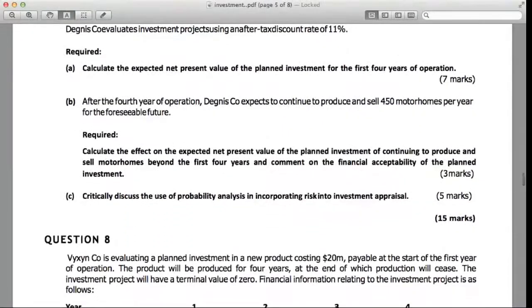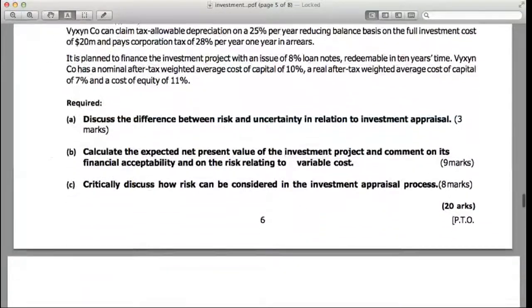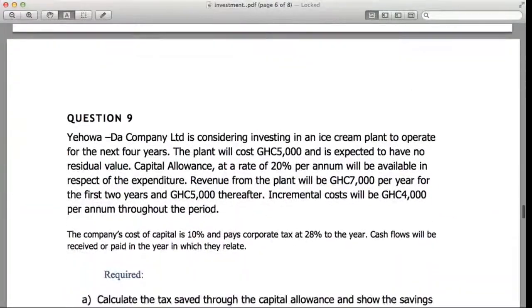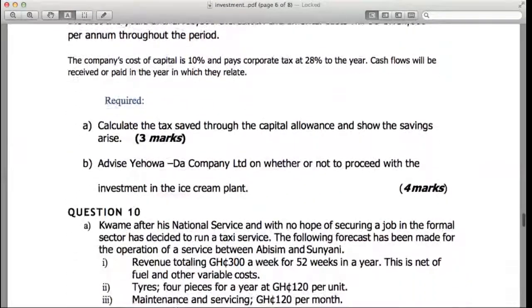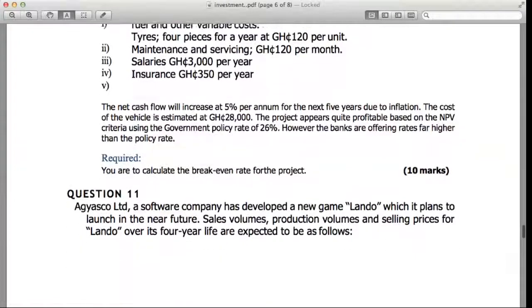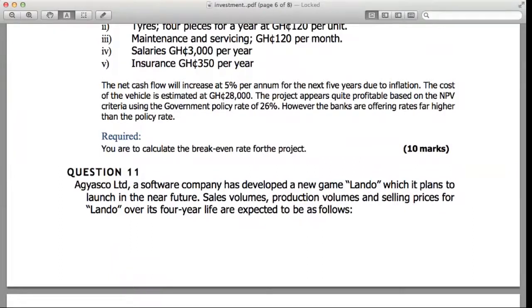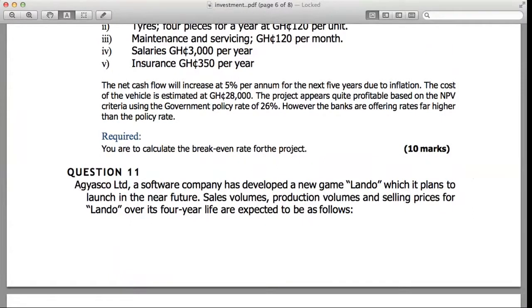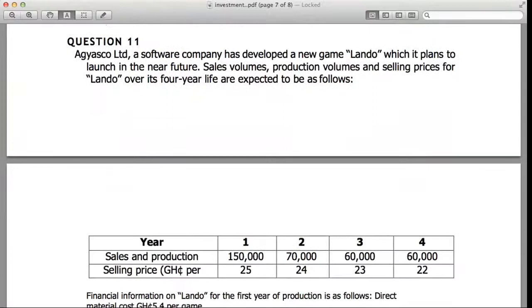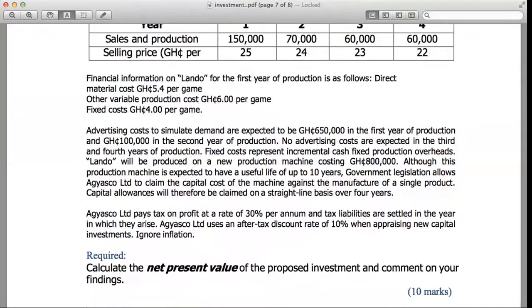Yes, I think it's Ajasco. Yes, Papa Ajasco. I think that's the name of the question. No. Yes, Ajasco. Ajasco Limited. That's question 11. That's what we are doing now. We are doing Ajasco, question 11. Okay, now let's see.